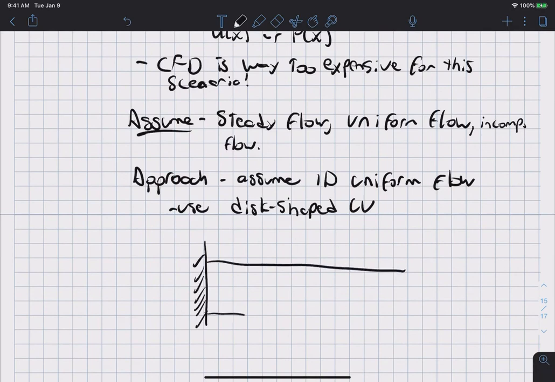We have the tube of length L. At position x, we're just going to draw a very thin pancake-shaped control volume, whose center is at position x, and the thickness of the control volume is, you guessed it, delta x. Around the circumference, we have fluid velocity vf going in.